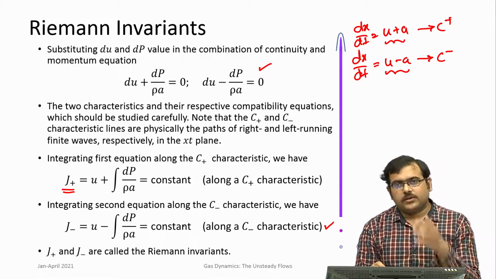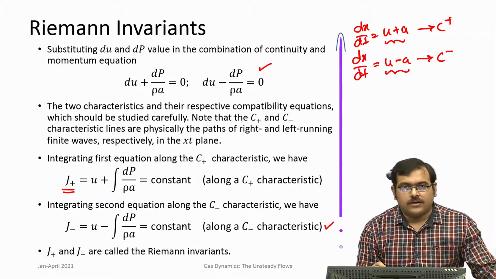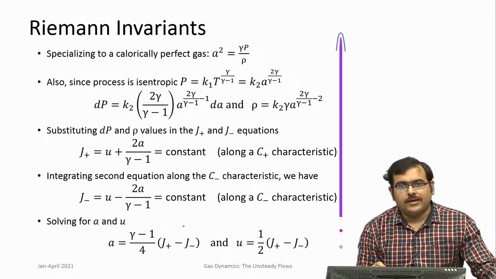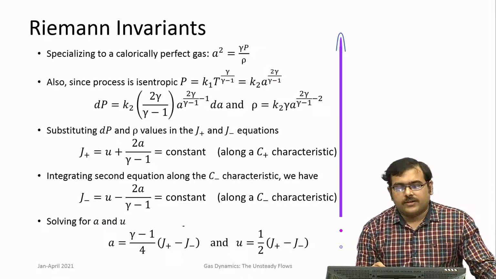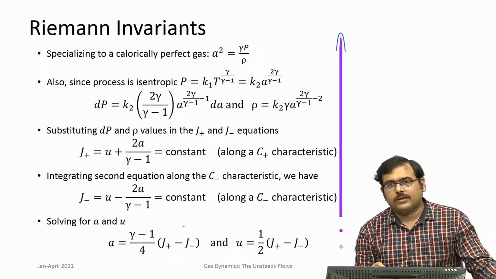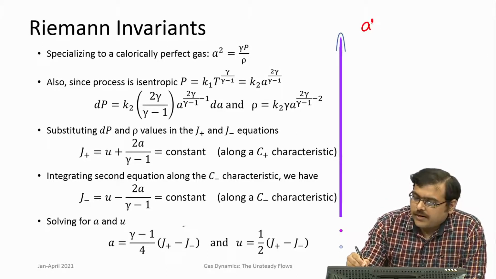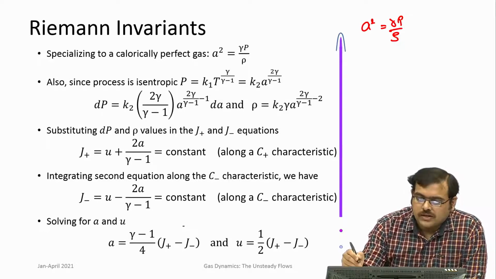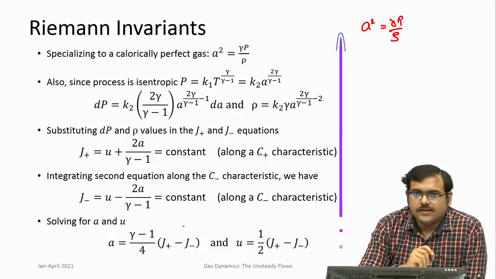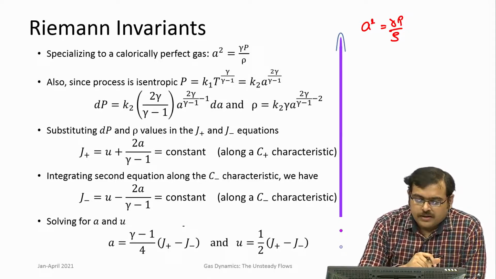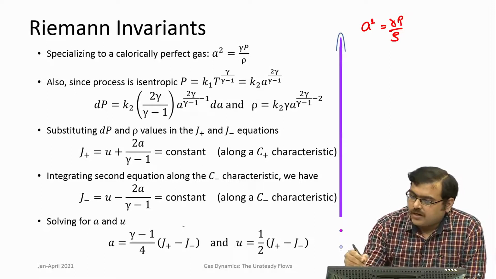Now let us go into the specific case that we are discussing, that is a calorically perfect gas. So you know a squared is gamma p by rho, and the processes that we are discussing here are isentropic. We are looking at the expansion waves that travel, so they are isentropic waves.